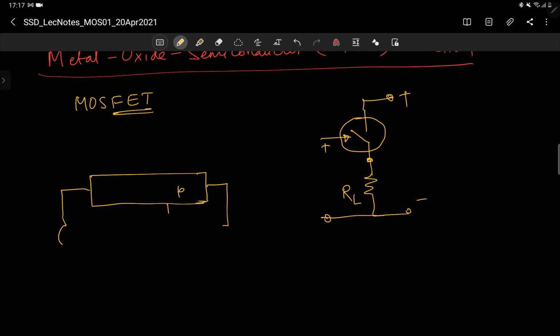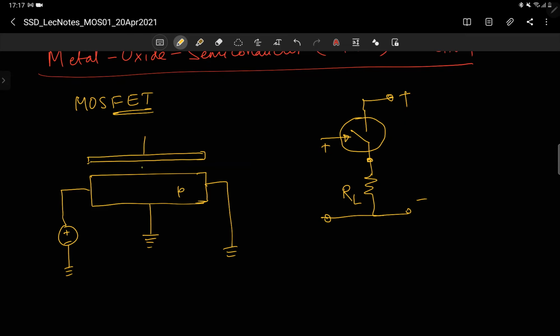So the idea that was proposed is this: I connect this side to ground, and then I put a metal plate like this, separated by some distance.